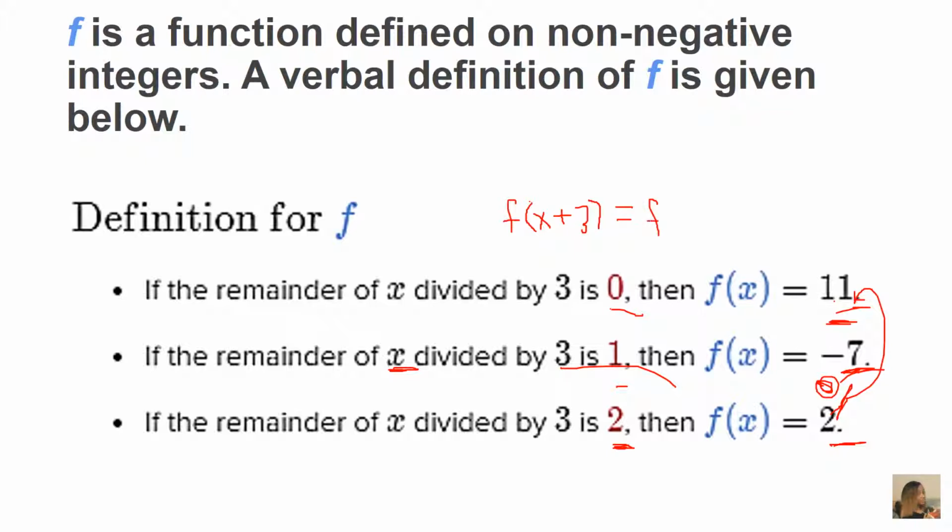So f of x repeats over a period of 3. And I know this seems very uncomfortable right now, but there'll be many more questions with this type of criteria. So just do another one and you'll feel more comfortable answering a question like this. All right, so we just established that the function f is in fact periodic.